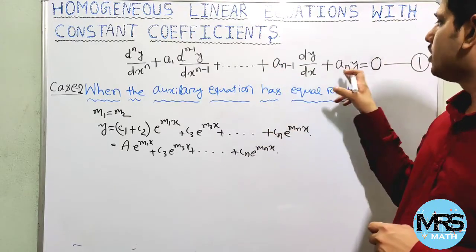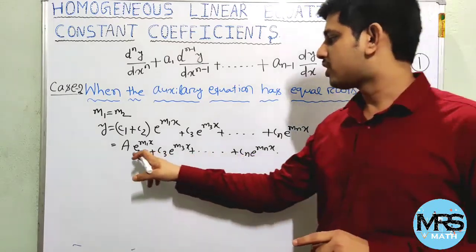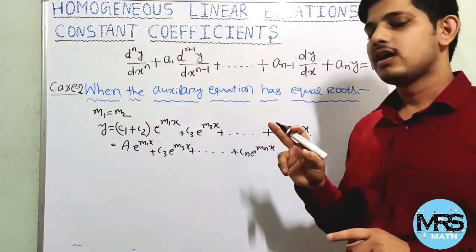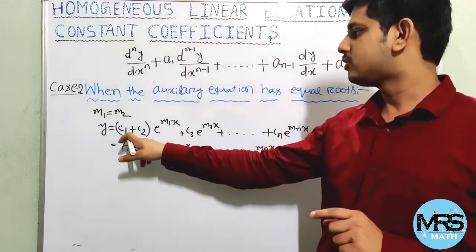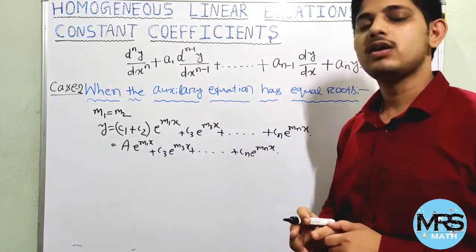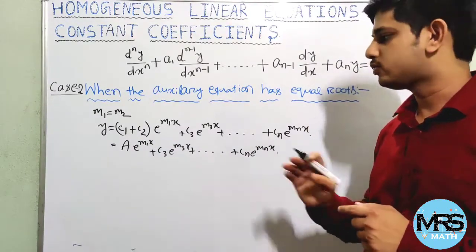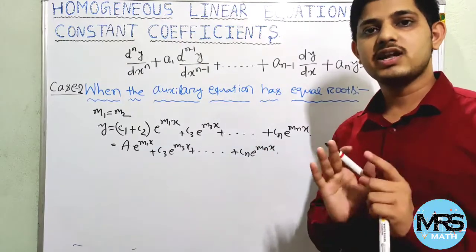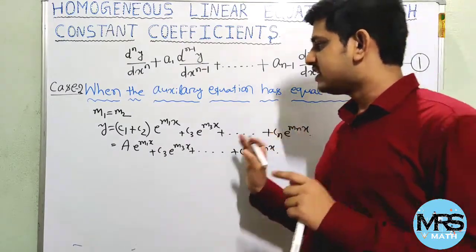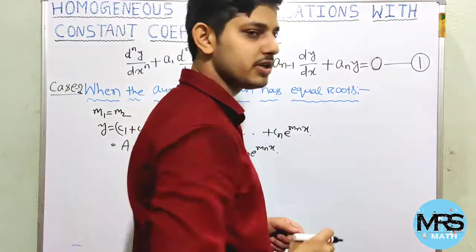The order of this differential equation is n, but here the number of arbitrary constants is n minus 1, because instead of c1 and c2 we are taking only one constant a. So this cannot be the general solution for this differential equation.